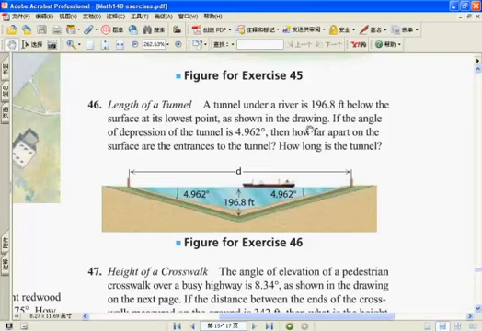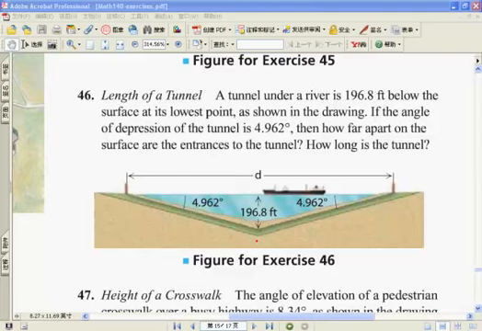As shown in this drawing, if the angle of depression of the tunnel is 4.962 degrees, so this is the angle of depression, then how far apart on the surface are the entrances to the tunnel? So we need to find the distance between these two entrances, to find this d.